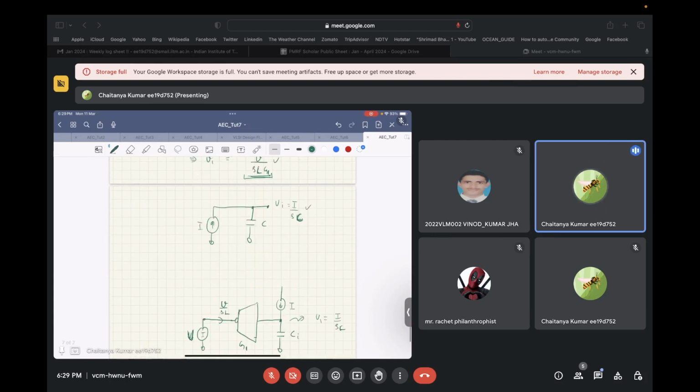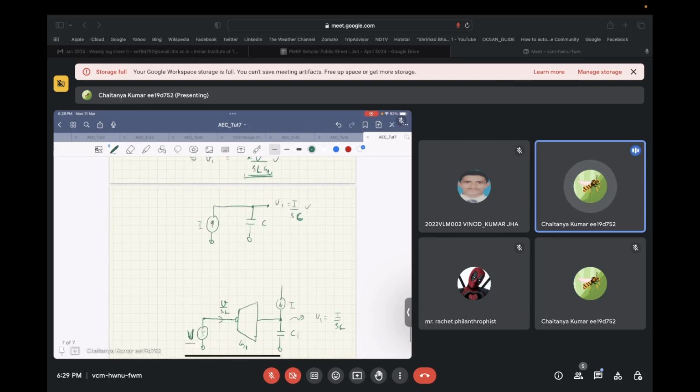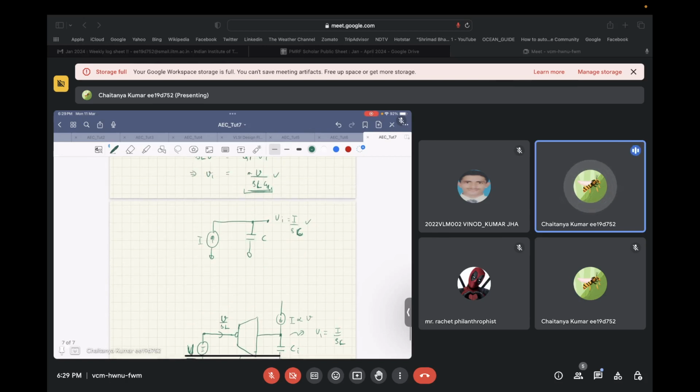Now, we see that we need the voltage to be directly proportional to the input voltage, that is V, that we are applying at this node. So if I is proportional to the input voltage, then we can get this form of voltage at this node. Do you understand?